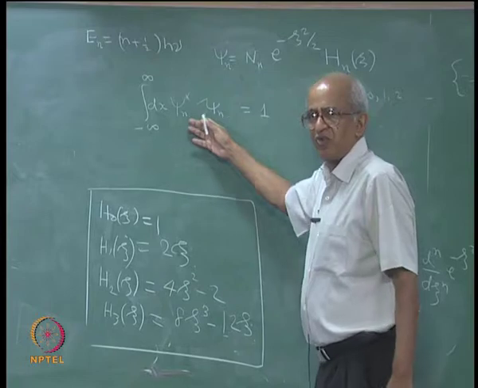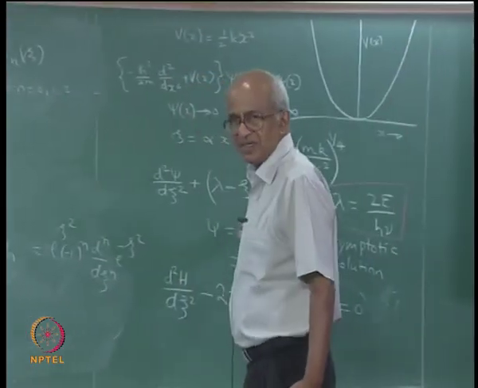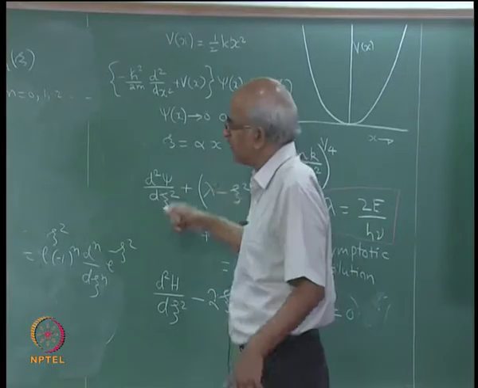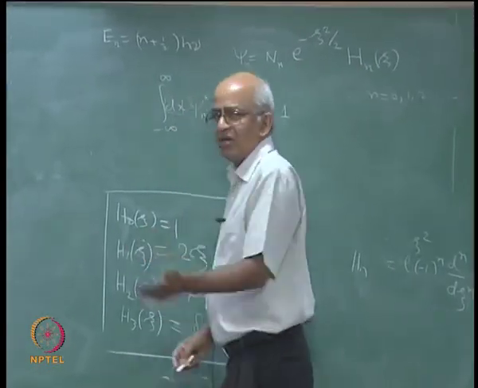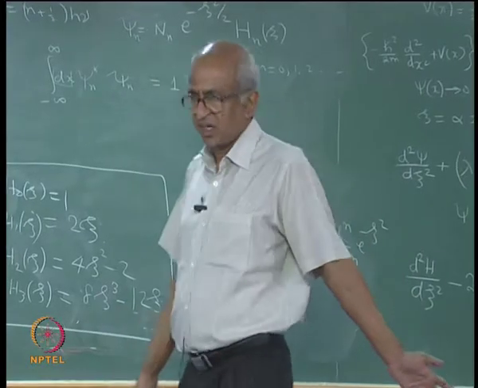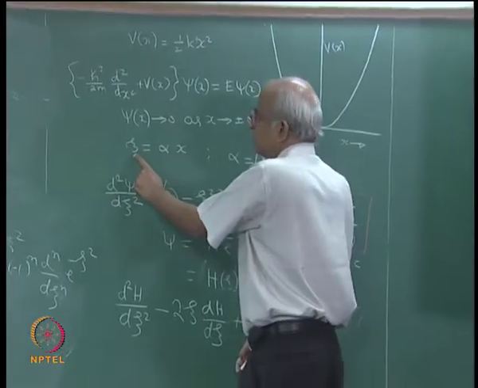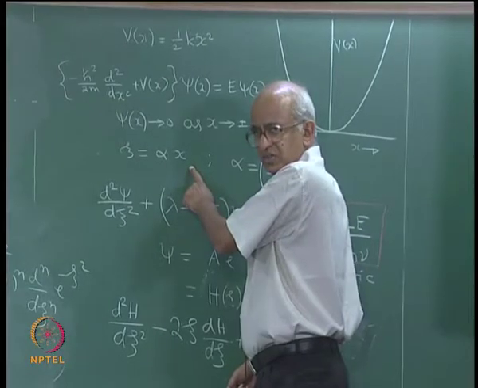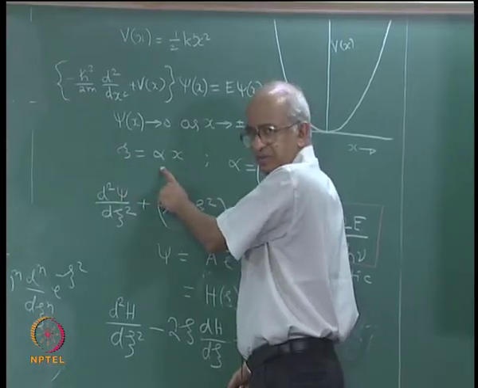But when you look at the form of psi, you see we have been writing it in terms of c, everything is in terms of c, and therefore, even this dx I want to express it in terms of dc, and that is very easy because here I have the relationship c is equal to alpha times x. So, that means dc must be alpha times dx, so dx is dc divided by alpha.